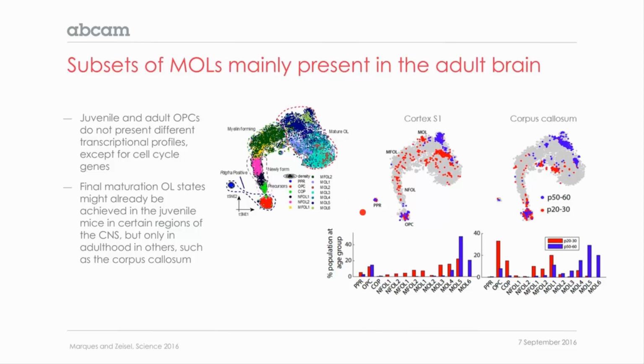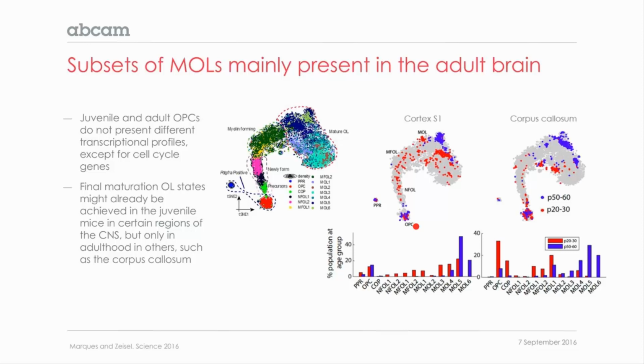We could see that there was not much of a difference between the transcriptional profiles of the juvenile and adult OPCs, except at the cell cycle level, where cells in the juvenile mice had a higher number of cell cycle genes being expressed in comparison with OPCs from the adult mice.